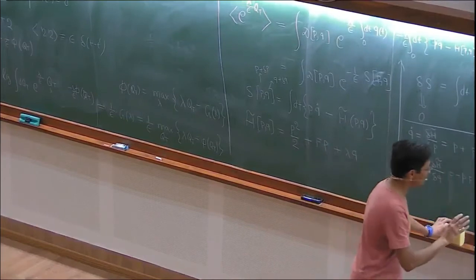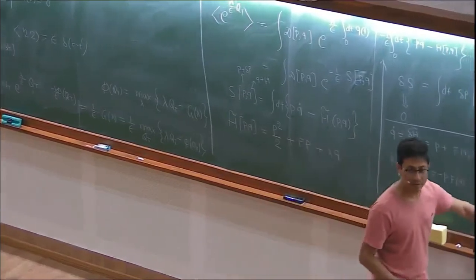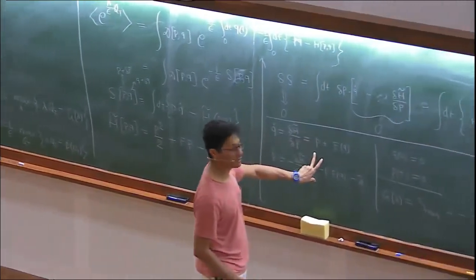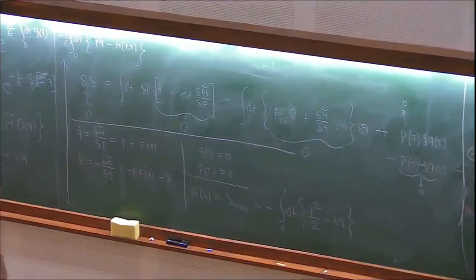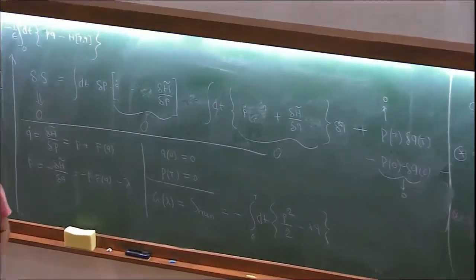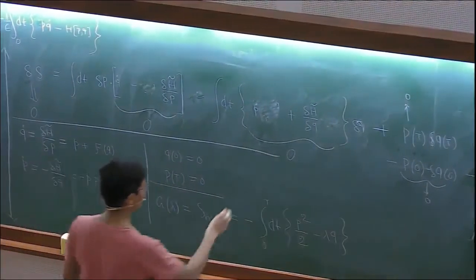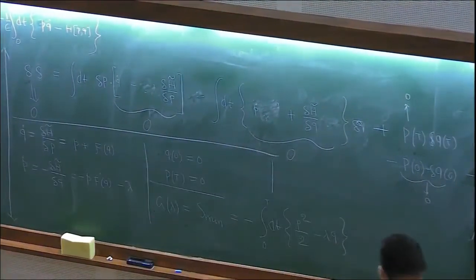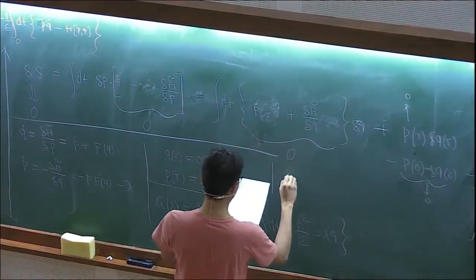Okay, so far, this is what happened, right? For G of lambda, I have to just solve these equations with these boundary conditions, and I would get G of lambda. So the whole problem just reduced to this. In general, it would be difficult to solve this problem for any F of Q. Let's just solve for the case which is very simple, and our favorite one, which is this harmonic well.